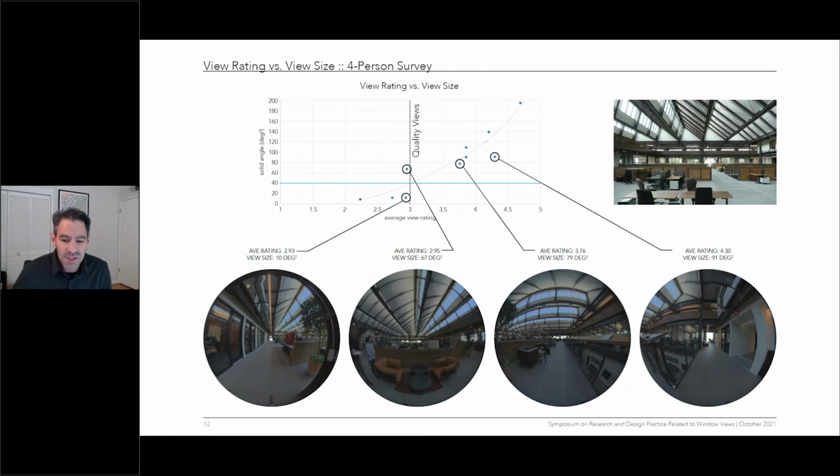All these views look very small because in the fisheye, the view is distorted, and things in the middle in particular look very, very small. But interestingly enough, to make a long story short, the threshold of acceptability turned out to be right between 40 square degrees and 80 square degrees in this study, which coincidentally kind of dovetailed with our office study.